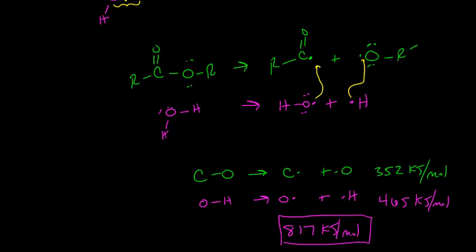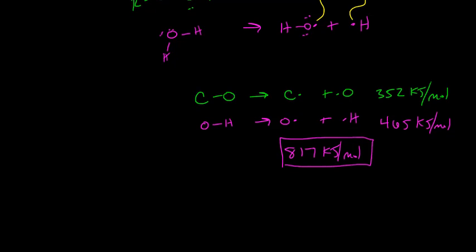It's so much energy, in fact, that it's simply not practical for these chemical reactions to happen quickly in the body. So what ends up happening is we don't actually follow this reaction pathway.